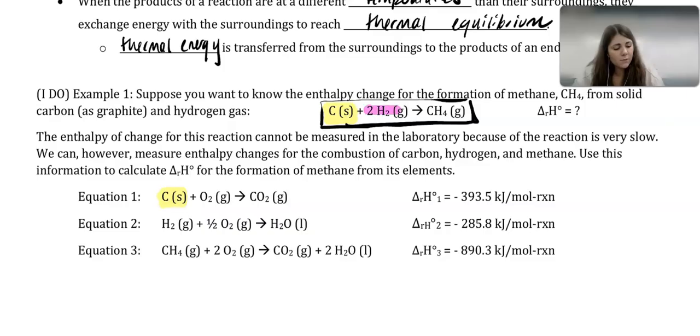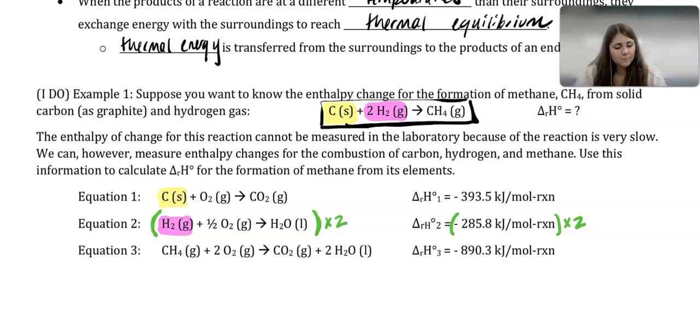Next, I am looking for a coefficient 2 hydrogen gas as a reactant. Here, I see hydrogen gas as a reactant, but I don't see that coefficient of 2. So I'm actually going to multiply this entire equation 2 by 2 to get us a 2 coefficient for hydrogen. Because I'm manipulating that equation, I'm going to come over to the side here and I'm going to multiply that entire delta H reaction by 2.